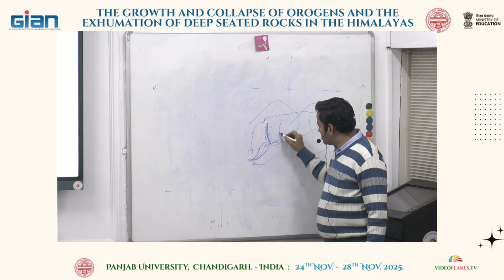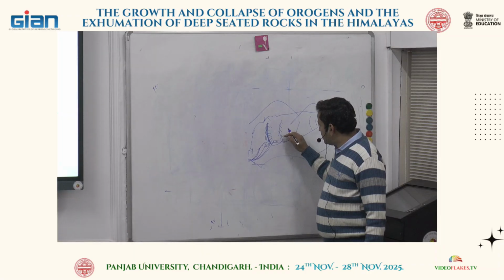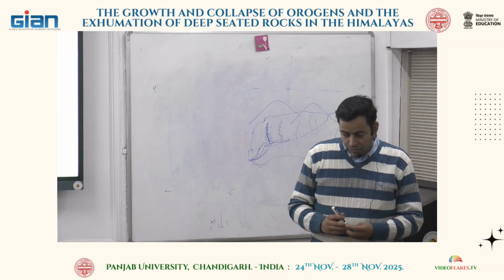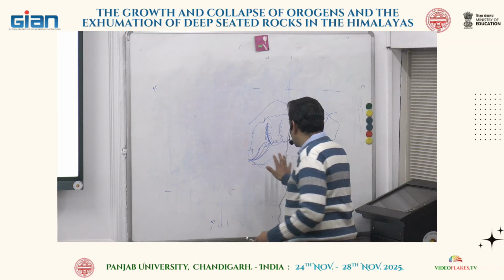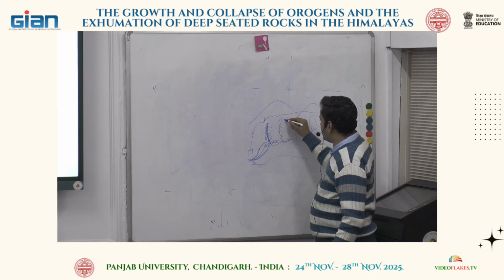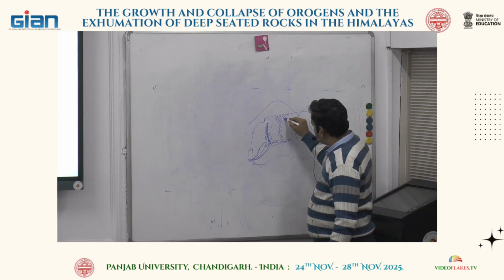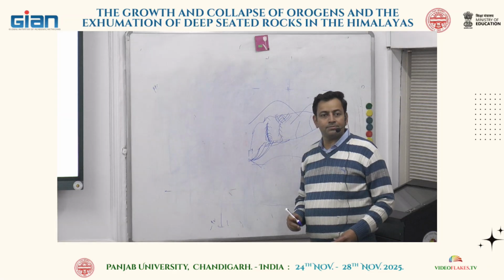But in tributaries or the small streams you have lesser erosion. And we have also seen that when this erosional front progresses towards the higher reaches, it will cause some kind of small landsliding event here.